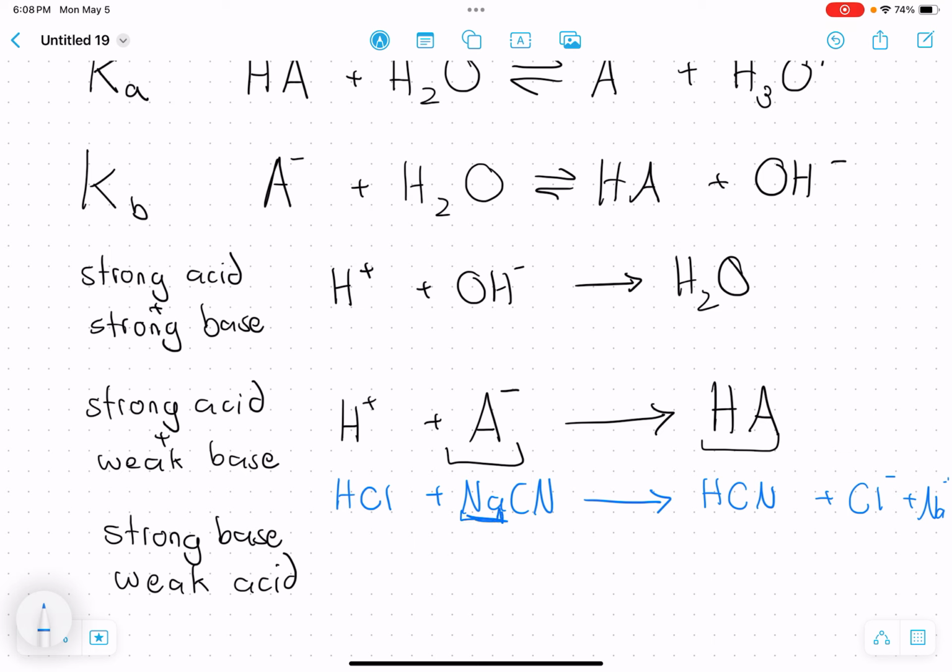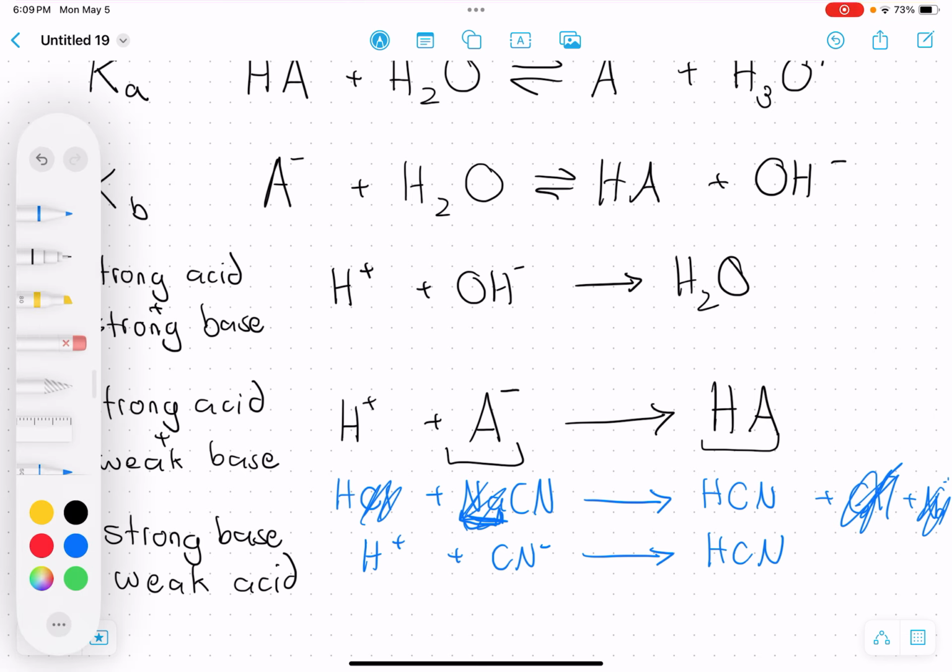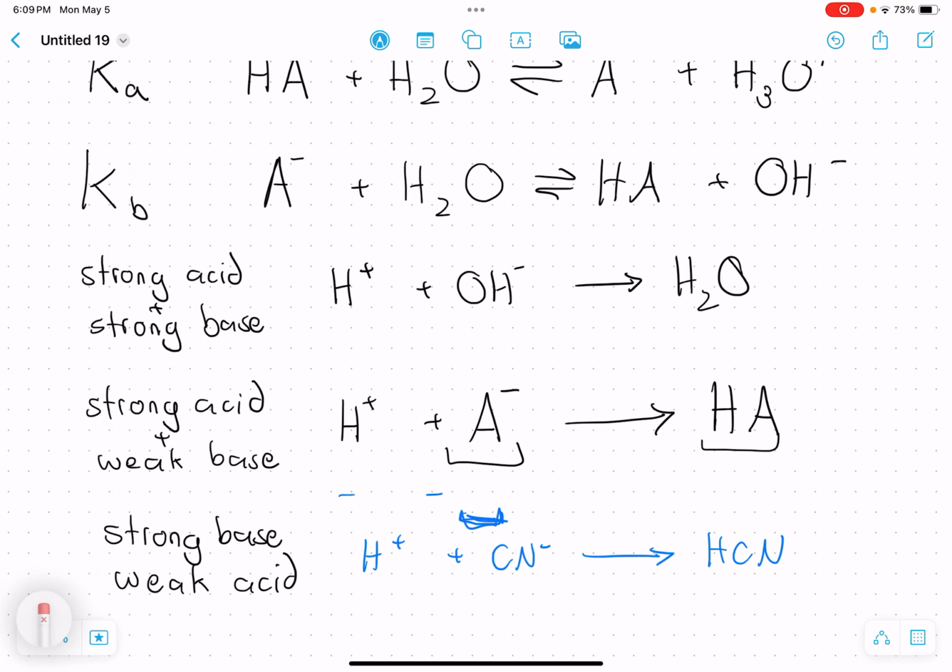If you've got a weak base that has a metal ion in there, just get rid of that too. The only reason it's there is to make it soluble in water, and it doesn't do anything in the reaction. So that's why we get to simplify this as H plus CN minus forming HCN. Those things that don't actively do anything, we just don't write them in. It's not like it's wrong to write them in. I just think it'll simplify it for you if you don't.